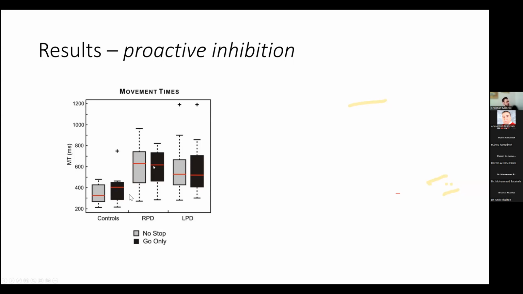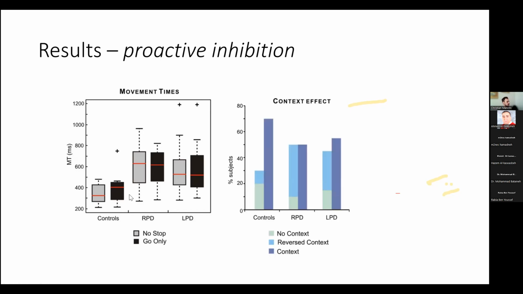This means there is a correct, healthy context effect. But with the patients, there is little difference in movement times between the two trial types. The median is always on the same level. So again, there is no difference in proactive inhibition.